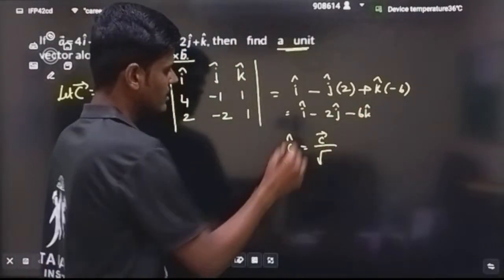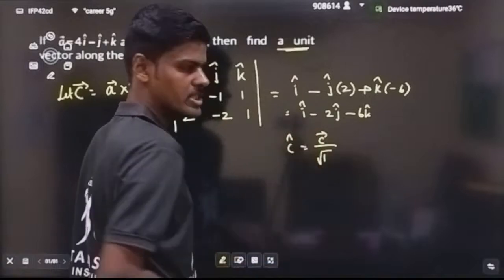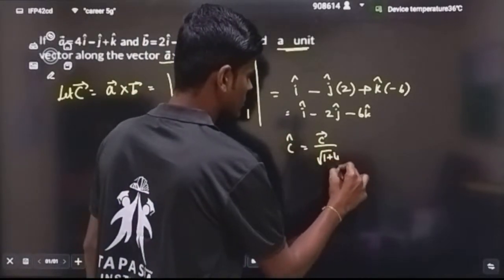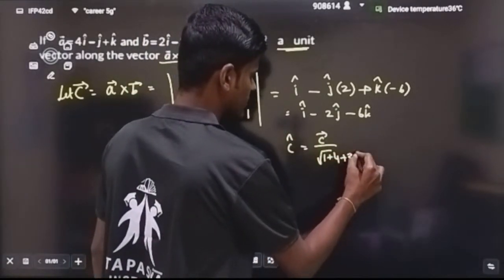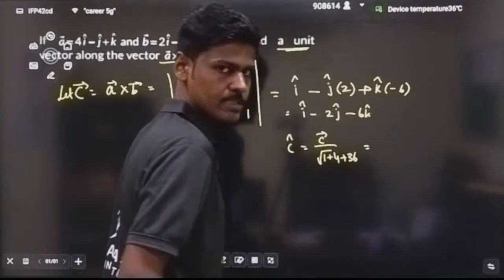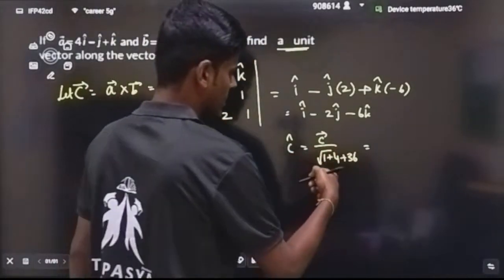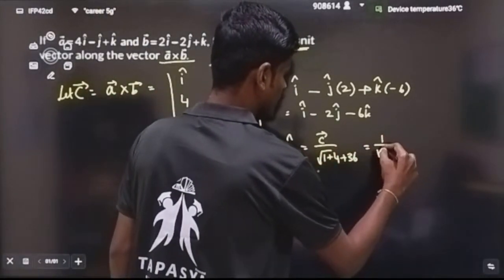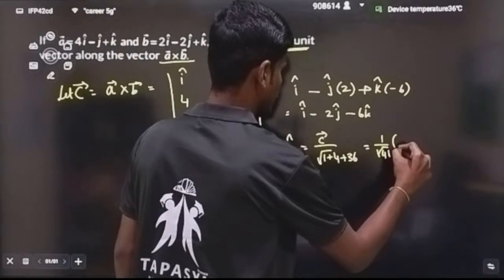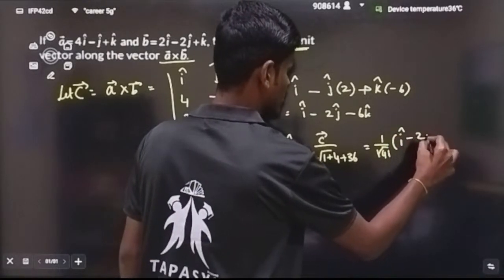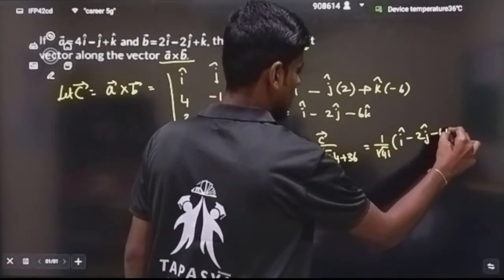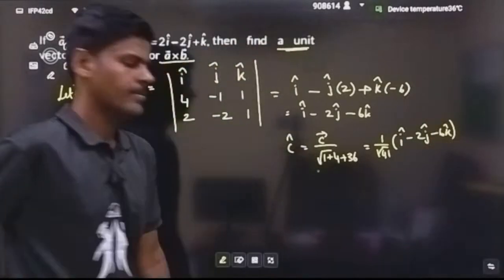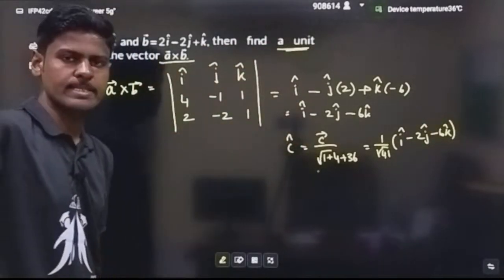Modulus c vector is square root of 1 square plus 2 square plus 6 square. That is defined as, that is root 41. So 1 by root 41 of I cap minus 2 j cap minus 6 k cap. Right, this is our required answer.